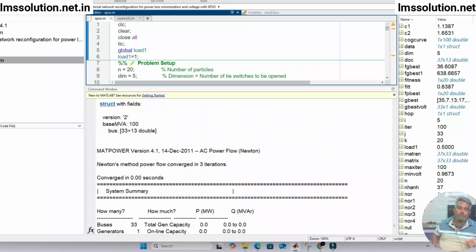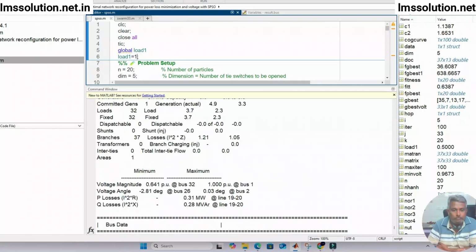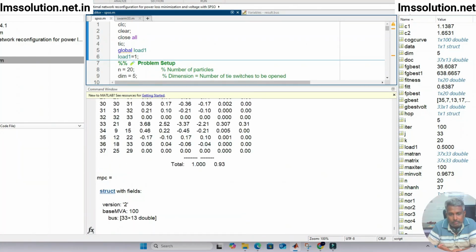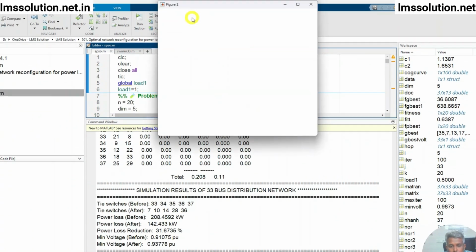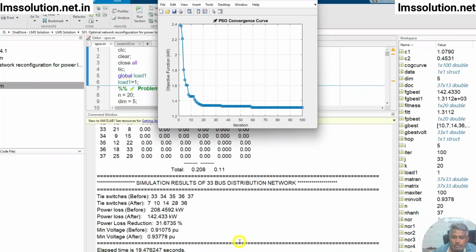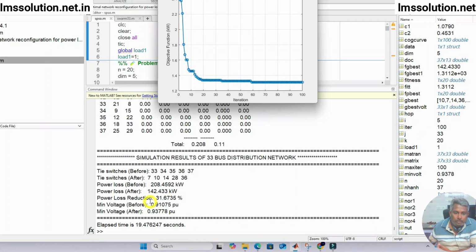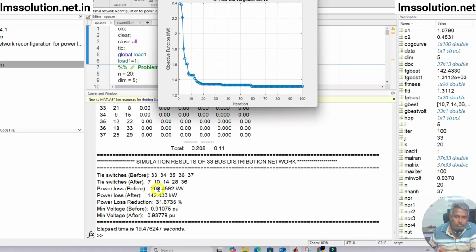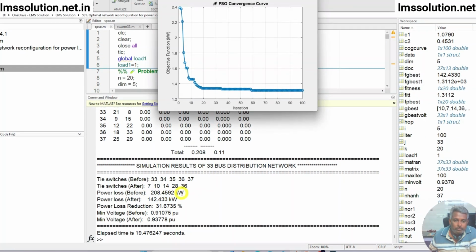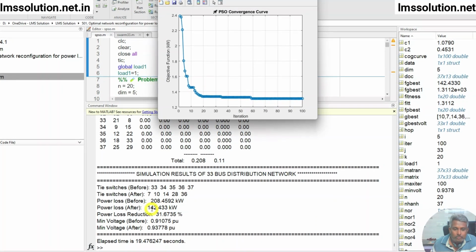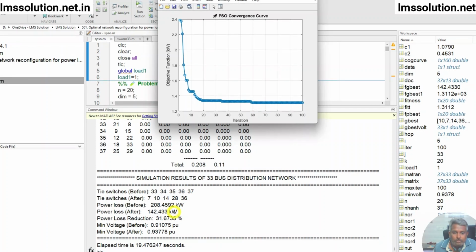I am going to execute this one. Once optimization is completed, you can see the results in the command window. This is the result: 7, 10, 14, 28, 36, and the power loss is 208.45 kilowatt before and after optimization is around 142.433 kilowatt.